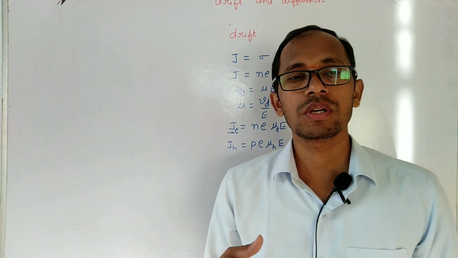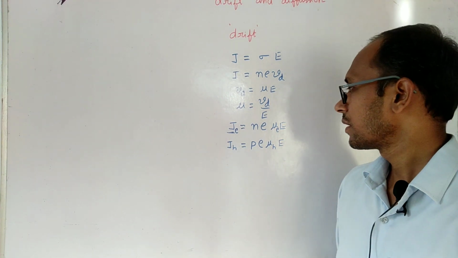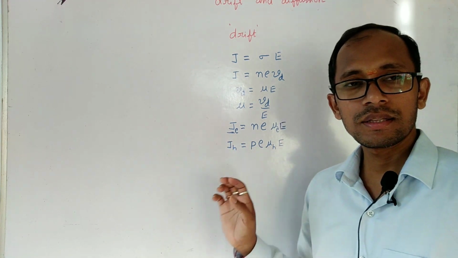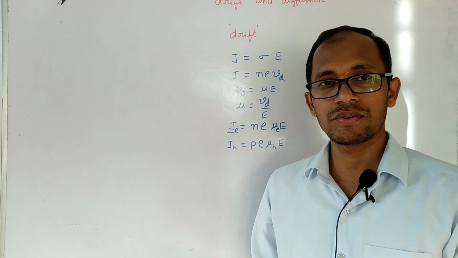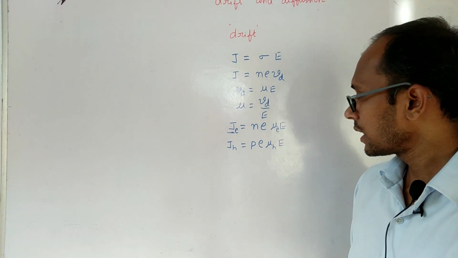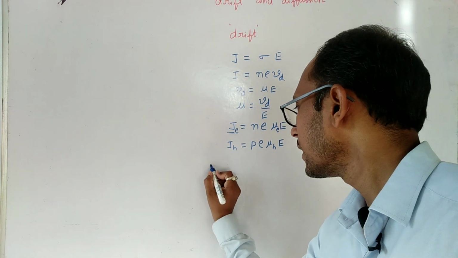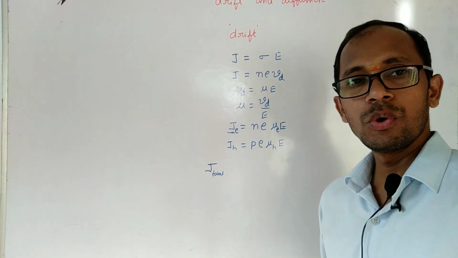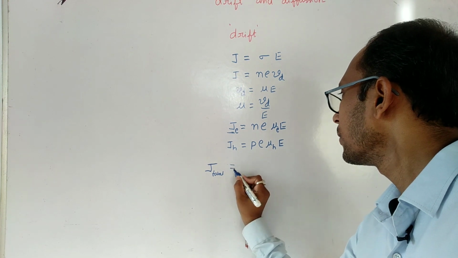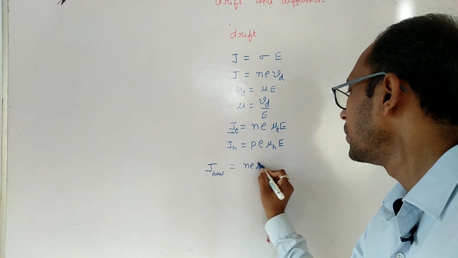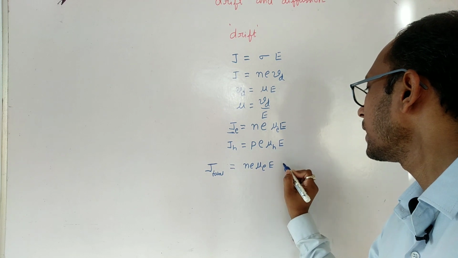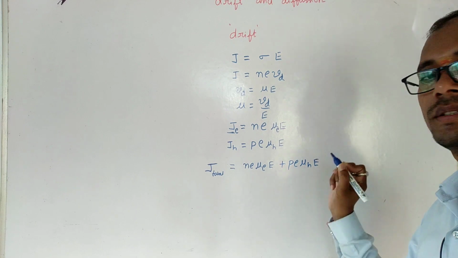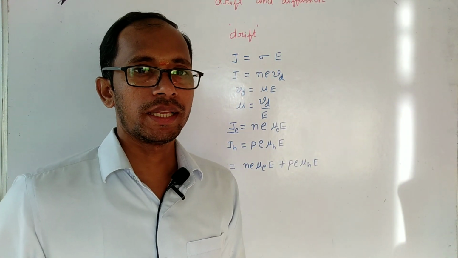So this gives the total current density, the current produced due to drift. The total current density J is the sum of these two: n e mu_e E plus p e mu_h E. This is the total current density.